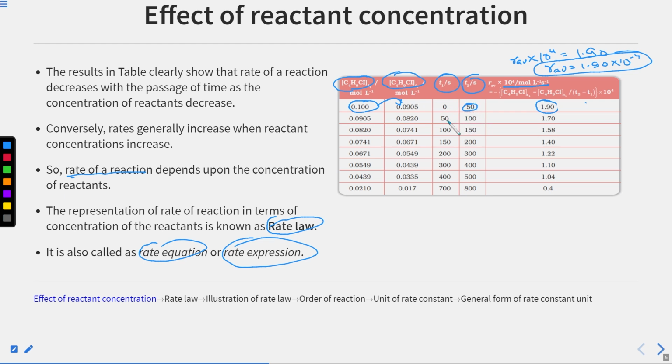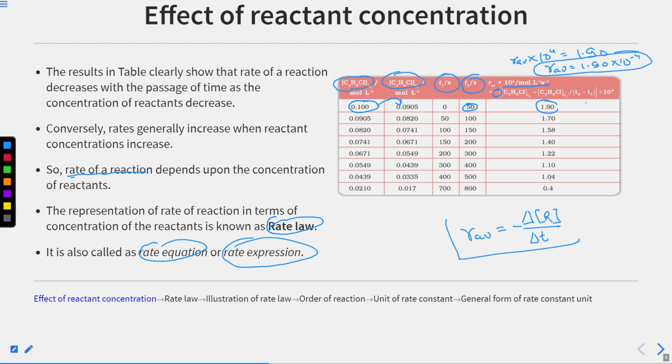If you want to calculate the rate, it is the C4H9Cl concentration at t2 minus the C4H9Cl concentration at t1, divided by t2 minus t1, again with a negative sign. You have seen this formula: R average equals the change in concentration of reactant divided by the change in time, again with a negative sign. Let me put it here for you.